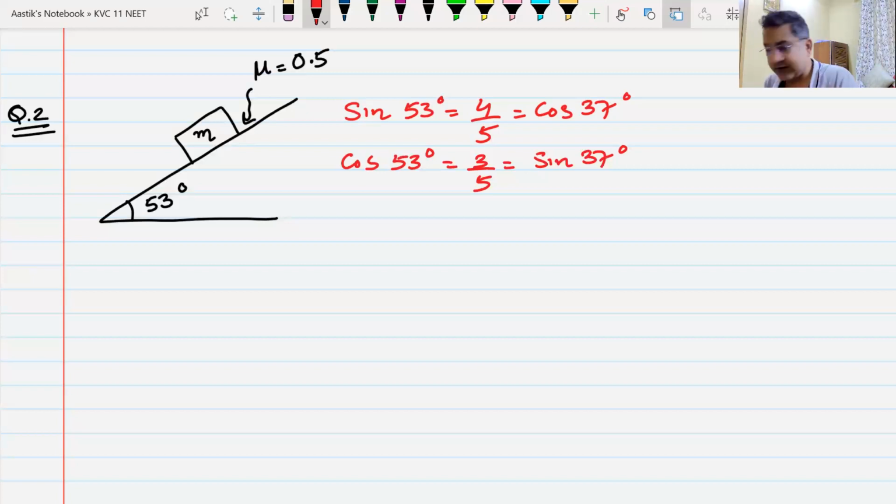Everyone got the same answer? 7 meter per second square. Okay, I think it looks good.